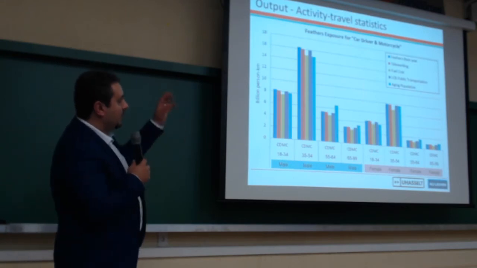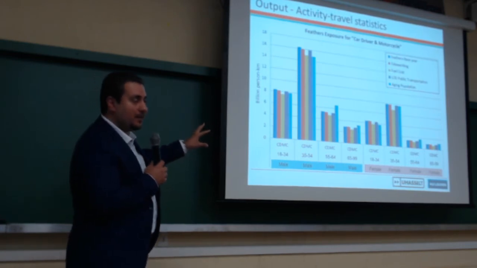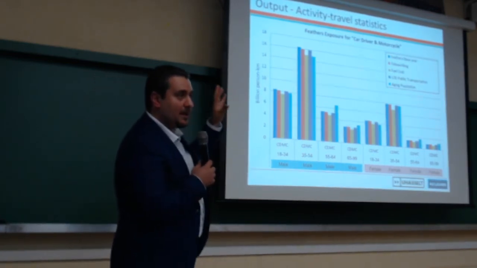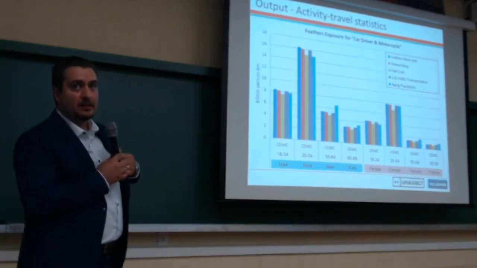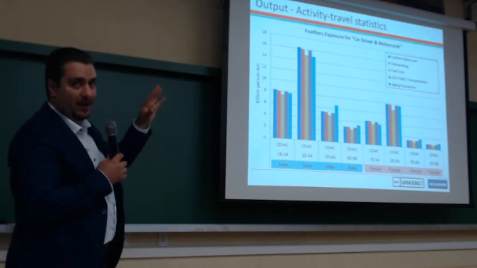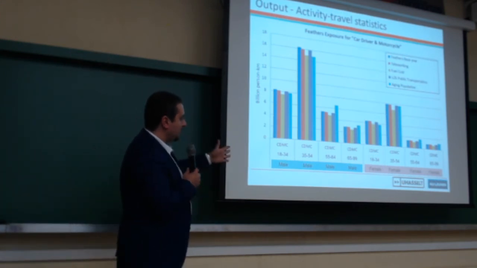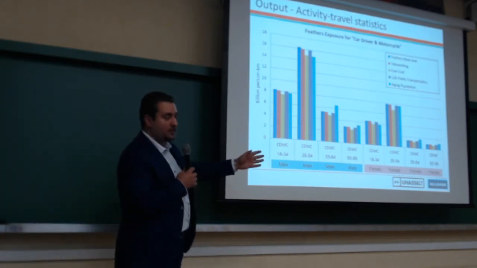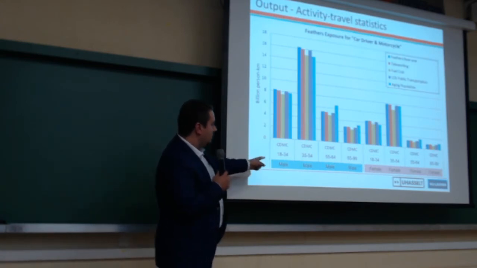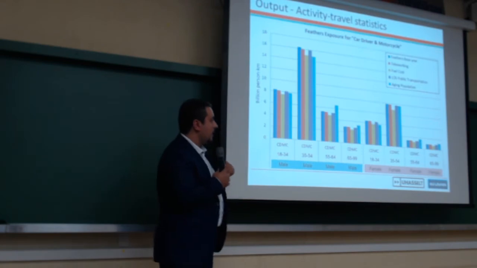So when the transport mode is driving a car, men are more active than women. We also have this information segmented and divided by different age groups. So as you can see, 18 to 34, 35 to 54, and so on and so forth.